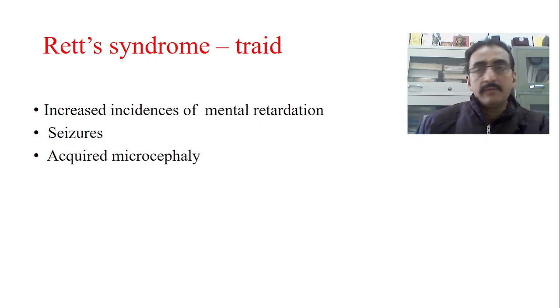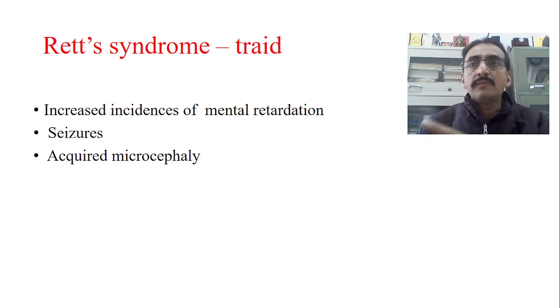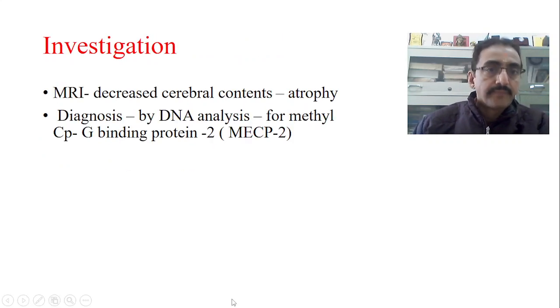Symptoms are different, but these are the important traits, because we may get different types of patients in the OPD. A patient comes with seizures. In the meantime, you have also seen that he has microcephaly, and when you inquire, the microcephaly is after birth. And the child also has mental retardation, which is gradually increasing. When you get such a presentation, then you have to suspect Rett syndrome.